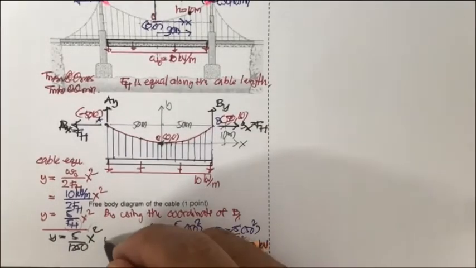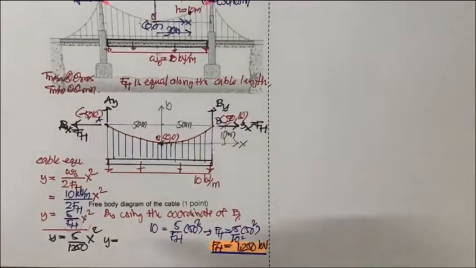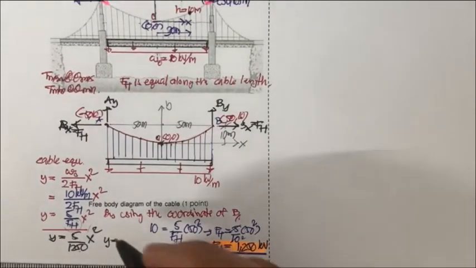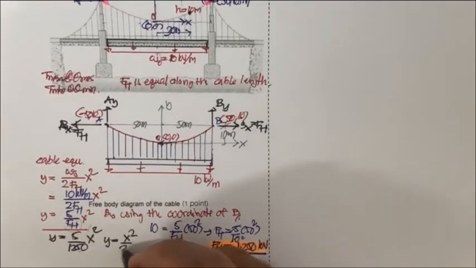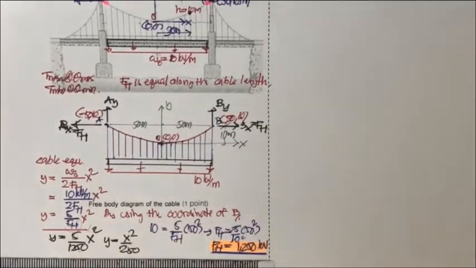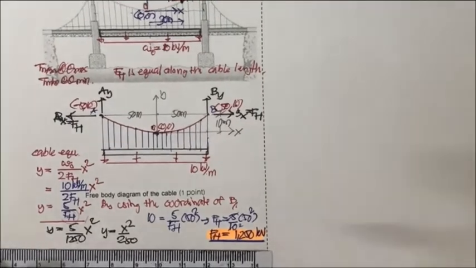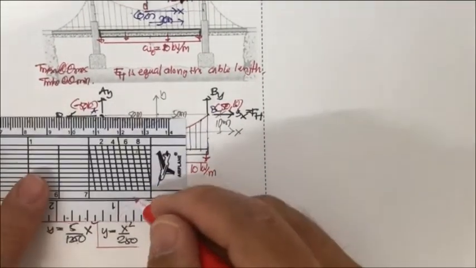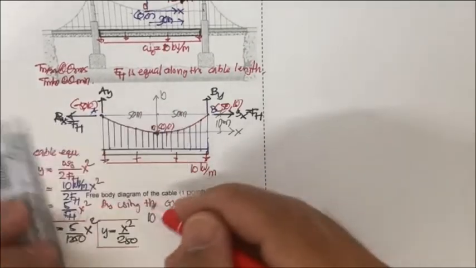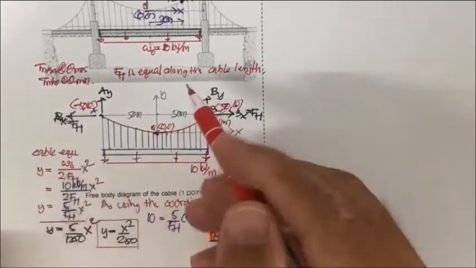And you may write again y equal to x squared divided by 250.